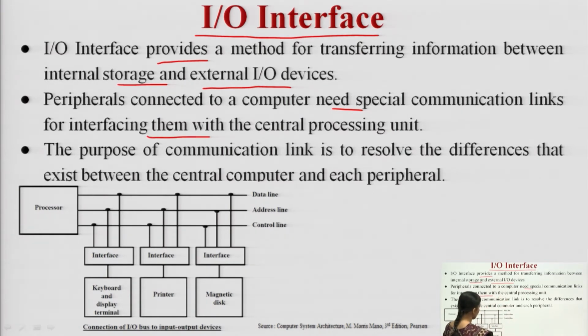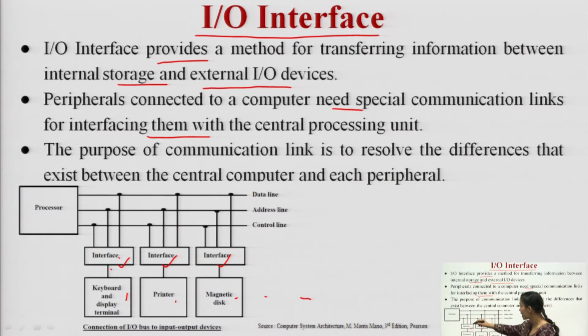From this diagram we can see every connected device, like keyboard or display terminal or printer or magnetic disk, is connected to the processor using an interface. Keyboard and display devices are connected to an interface, printer is connected to an interface, then disk, then tape and so on. Whatever devices we want to communicate with the processor are all connected to an interface.